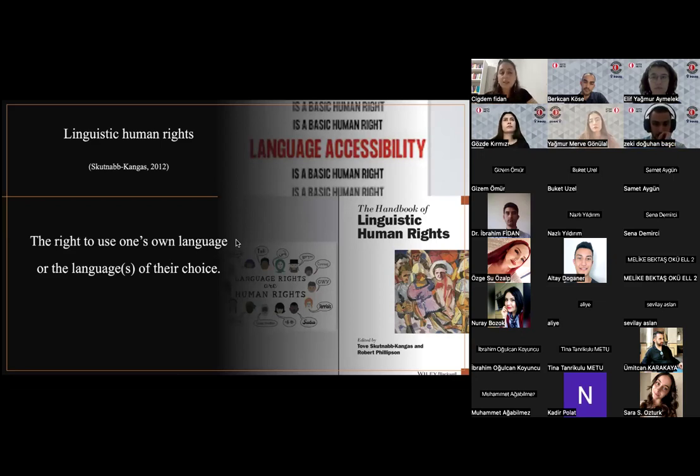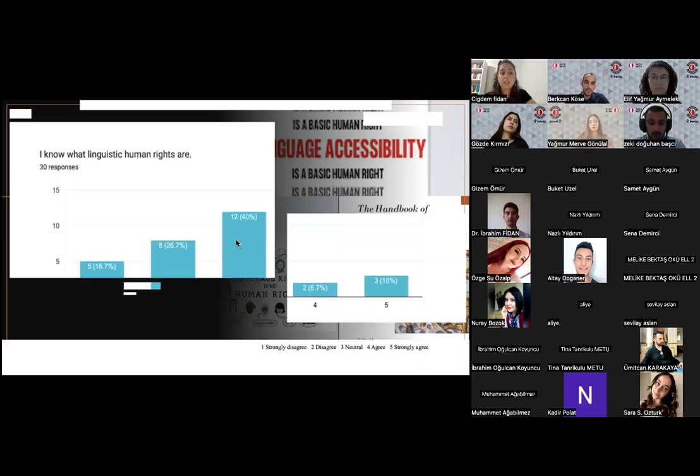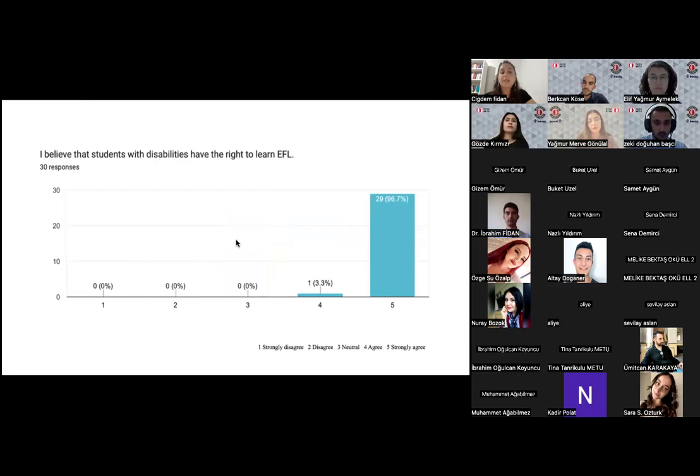I asked about this concept. Mostly education policies are based on an education rights framework, and linguistic human rights are rarely mentioned in these documents. But when I asked prospective ELT teachers about linguistic human rights, they said that they have no or little knowledge of them, but they believe that students with disabilities have the right to learn English as a foreign language.